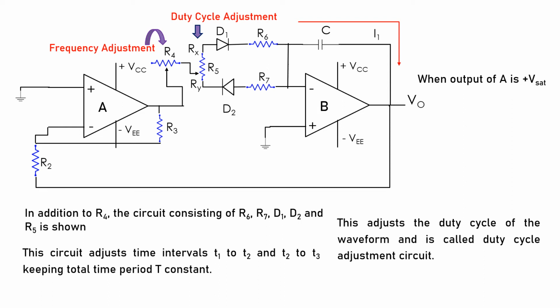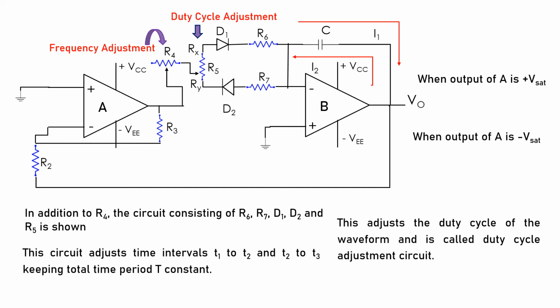Now when the output of A is minus Vsat, D1 is reverse biased and D2 is forward biased. Current flows from the capacitor through the resistance R7 and the diode D2 to R4, so the capacitor gets charged in the opposite direction. Previously, when current I1 was flowing, the capacitor charged in one direction; now it charges in the other direction. This is how the currents I1 and I2 flow.